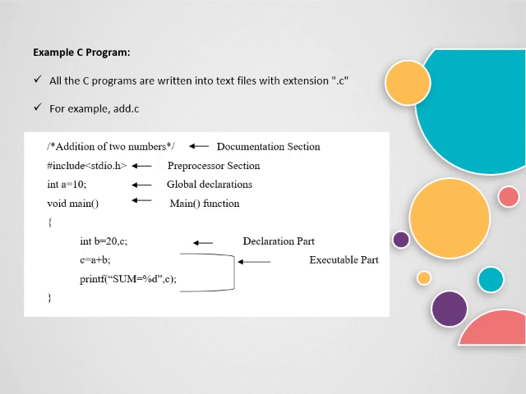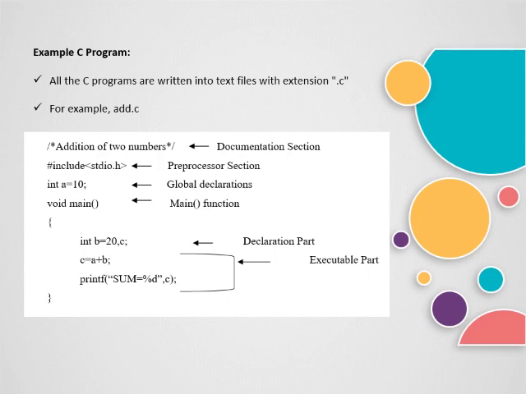It is a preprocessor section which links the standard input output library file to this particular C program. And the third line is int a equal to 10. This is the global declaration. Here a is the global variable which is assigned the value 10, and a is declared as an integer.